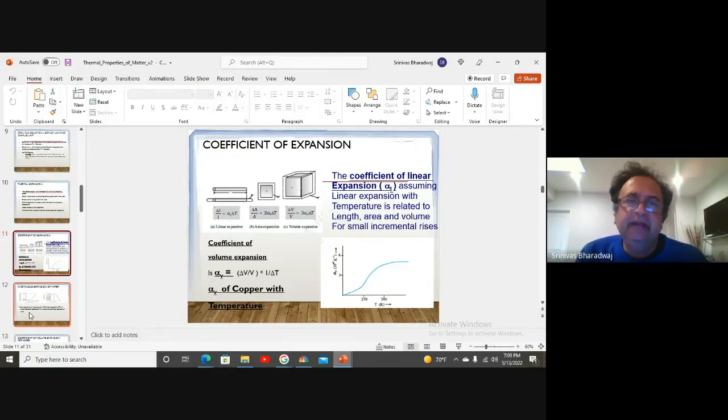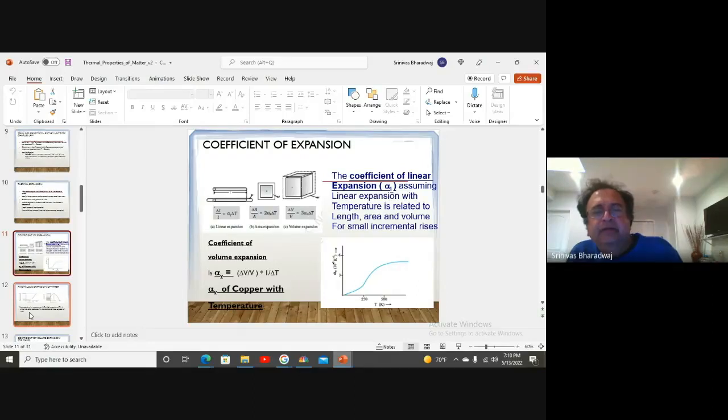Because it's a linear expansion, volume expansion will be 3 times that. So delta V by V equals a constant times delta T, and that constant is alpha V.